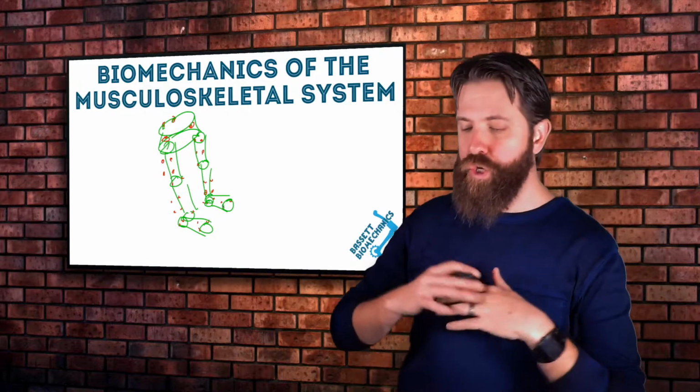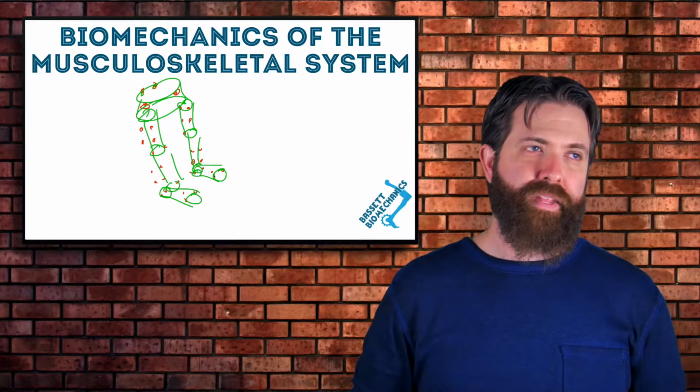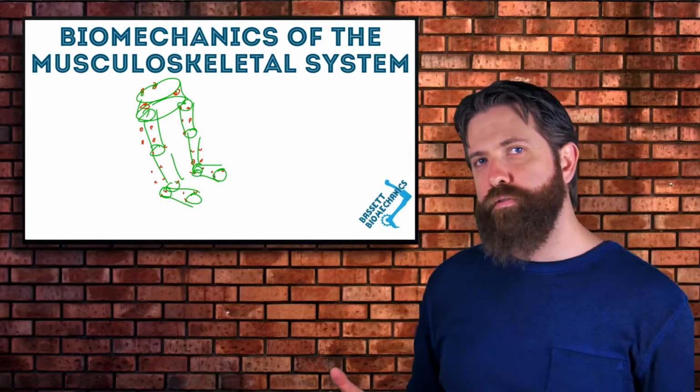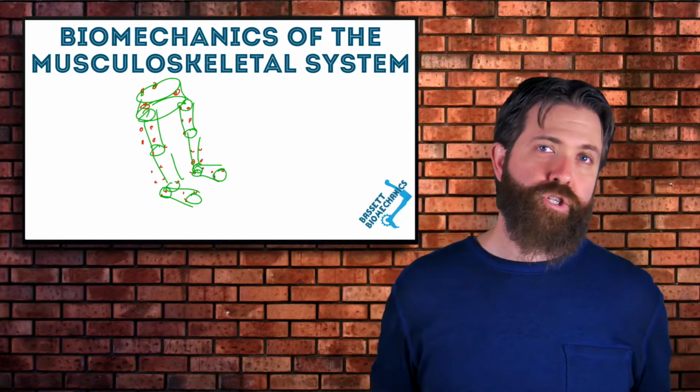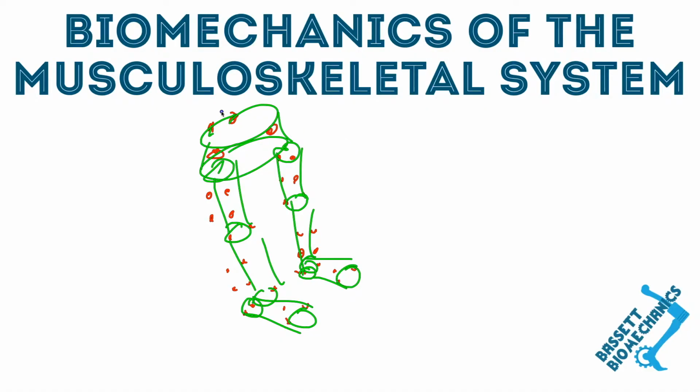And a huge number of labs to this day still use what's referred to as a conventional gait model, where there are several variations, but it'll be something like this.